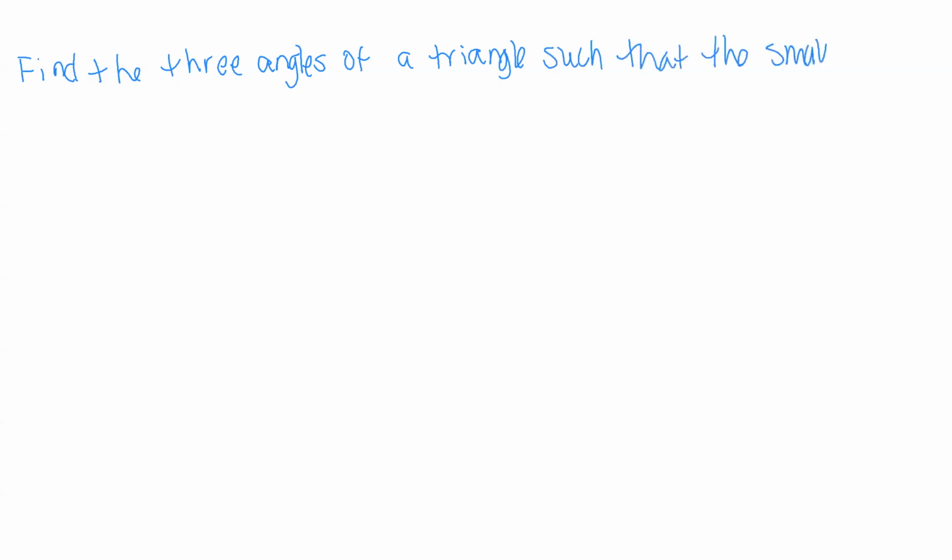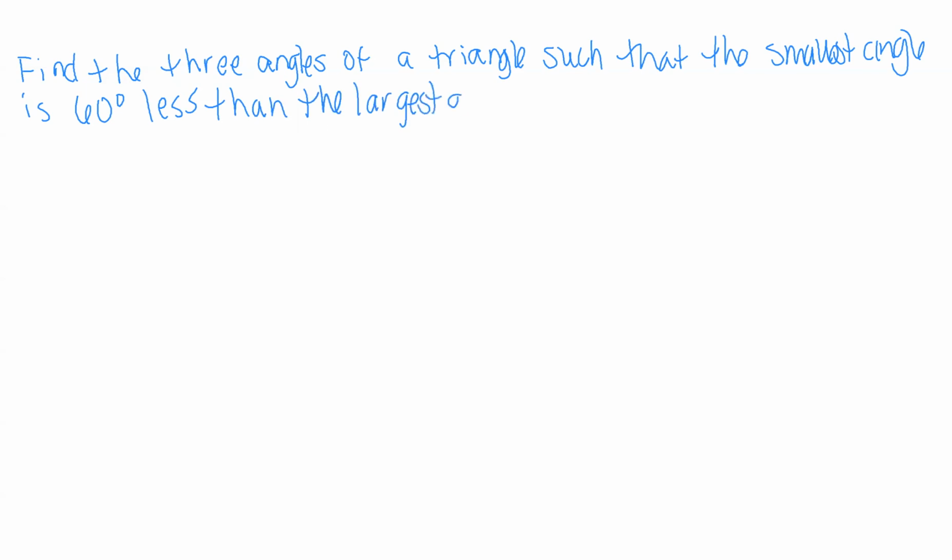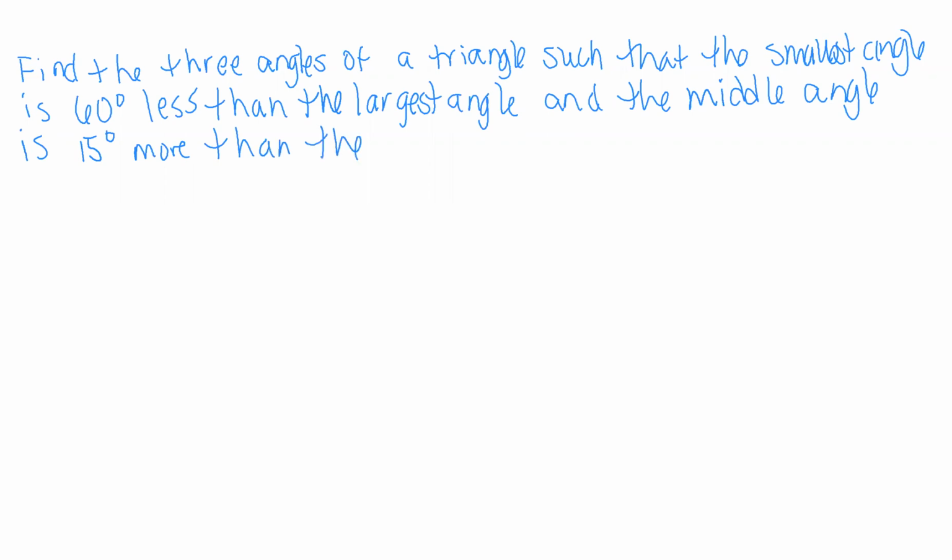So here we're going to find the three angles of a triangle such that the smallest angle is 60 degrees less than the largest angle, and the middle angle is 15 degrees more than the smallest angle.